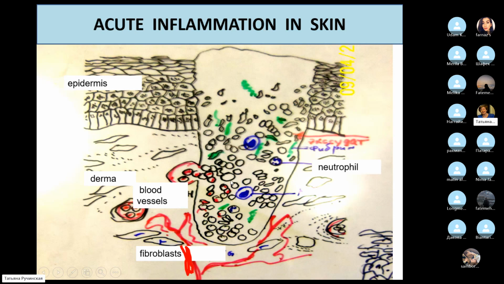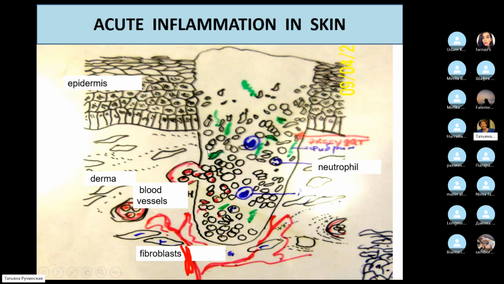For what do they appear here? Now you understand that all the wound is restored from the periphery to the center. And this is the role of fibroblasts. Why do fibroblasts increase their proliferation?